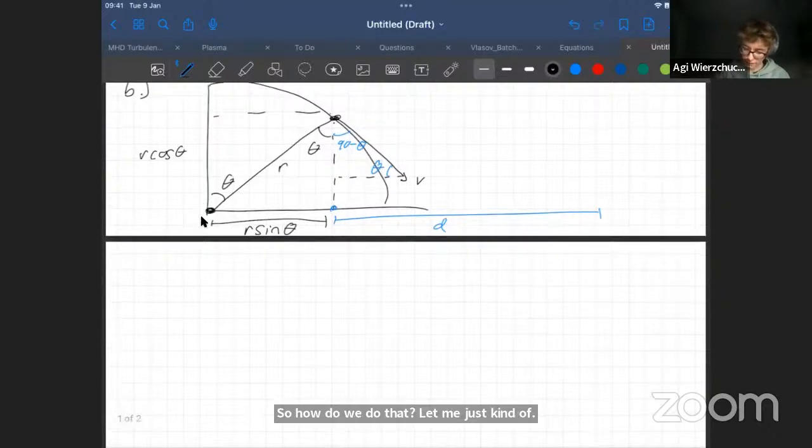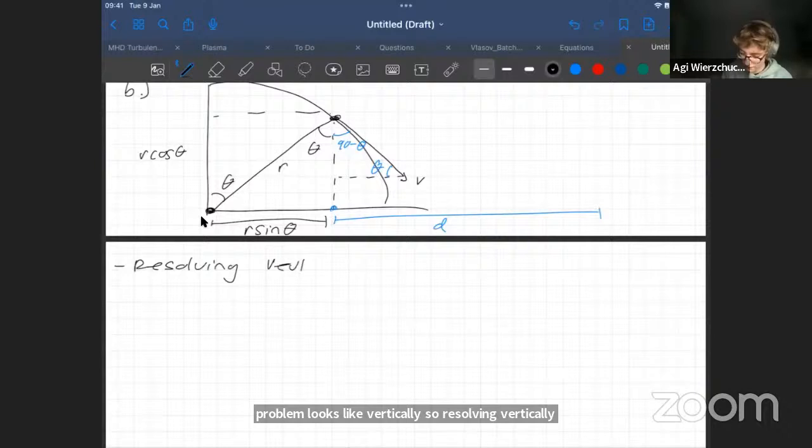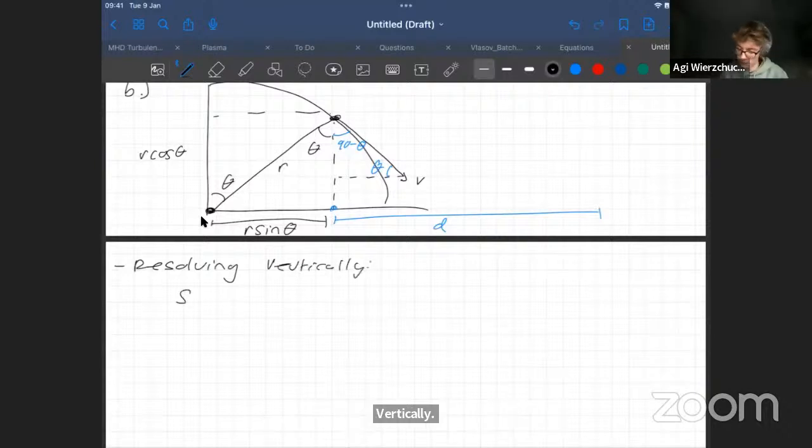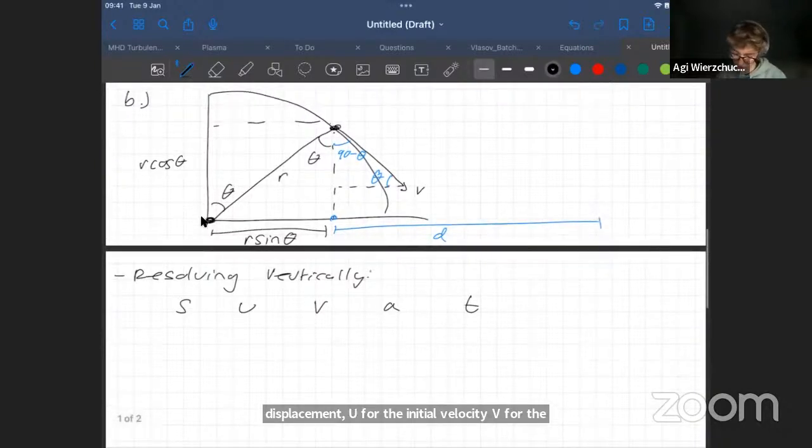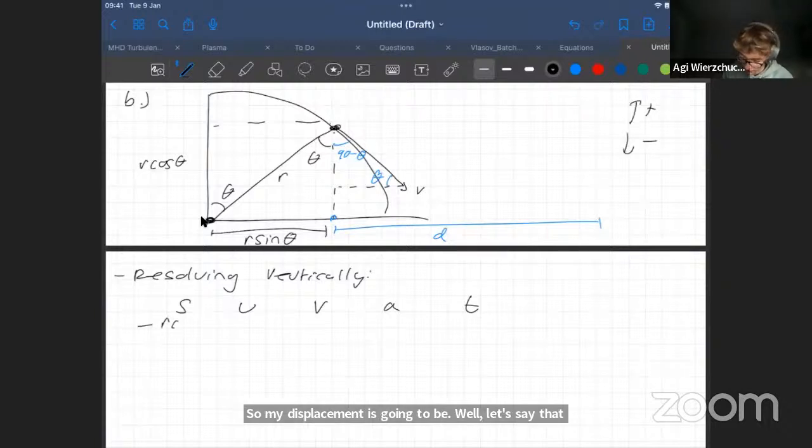So let's consider what the problem looks like vertically. So resolving vertically, I'm going to use S for the displacement, U for the initial velocity, V for the final velocity, A for the acceleration, and T for the time. My displacement is going to be, well, let's say that up is positive and down is negative, so it's going to be minus R cos theta.